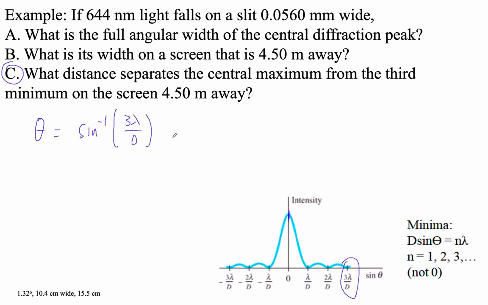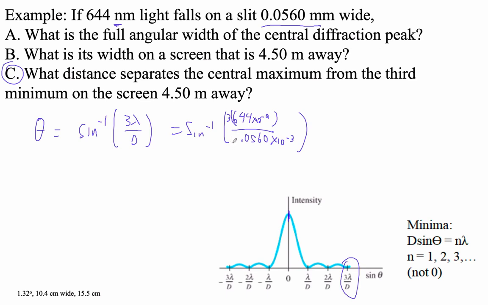So that's sine minus 1 of 3 times 644 times 10 to the minus 9th, divided by 0.0560 times 10 to the minus 3rd, because this is millimeters and this is nanometers. Sorry about my handwriting.